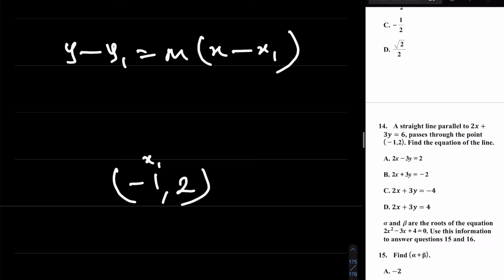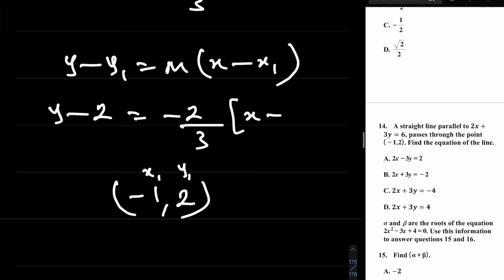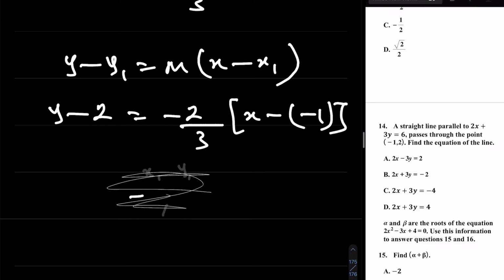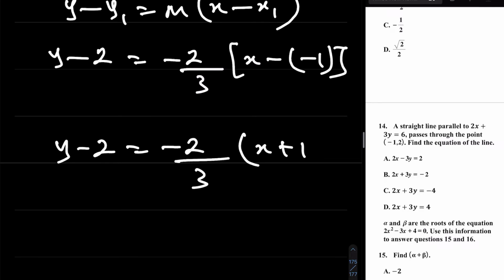That means x1 is minus 1 and y1 is 2. So I'm going to say y minus 2 equals minus 2 over 3 into bracket x minus x1, which is minus 1. And that simply means y minus 2 equals minus 2 over 3 into bracket x plus 1.